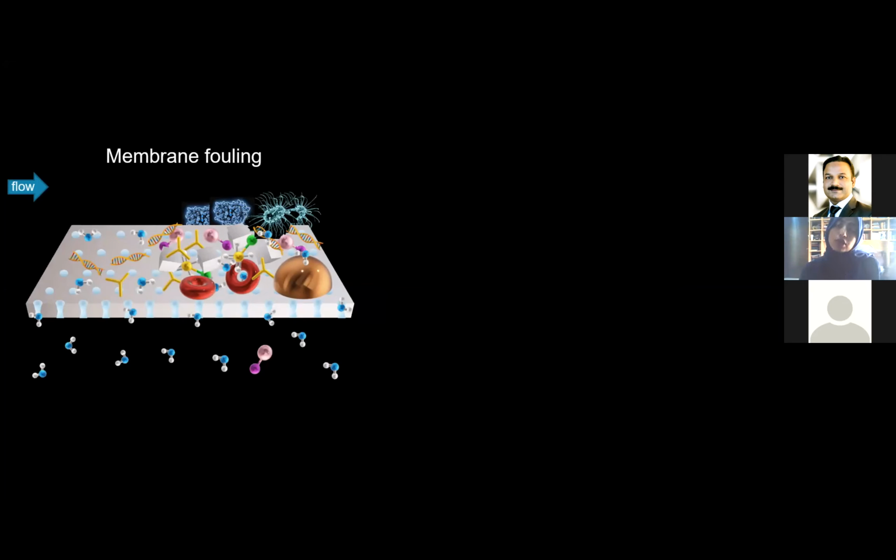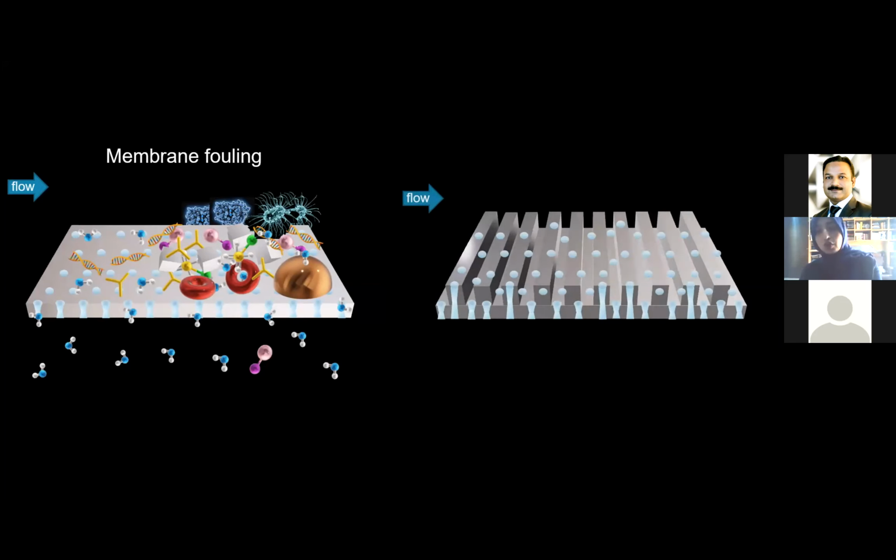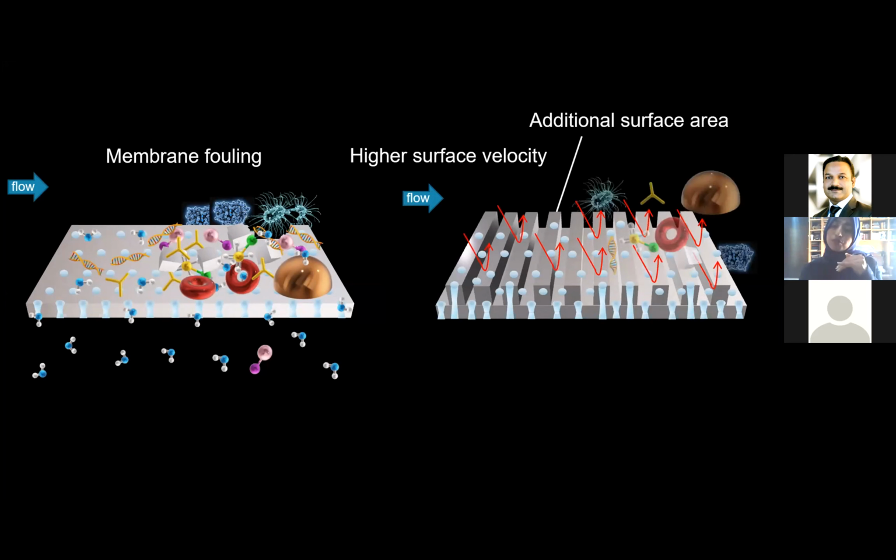So to counter these problems, one of the approaches was to create surface structures on top of these membranes. This not only provides additional surface area, but it also increases the local surface velocities. This reduces the deposition of these foulants on the membrane, providing us more fresh and treated water.